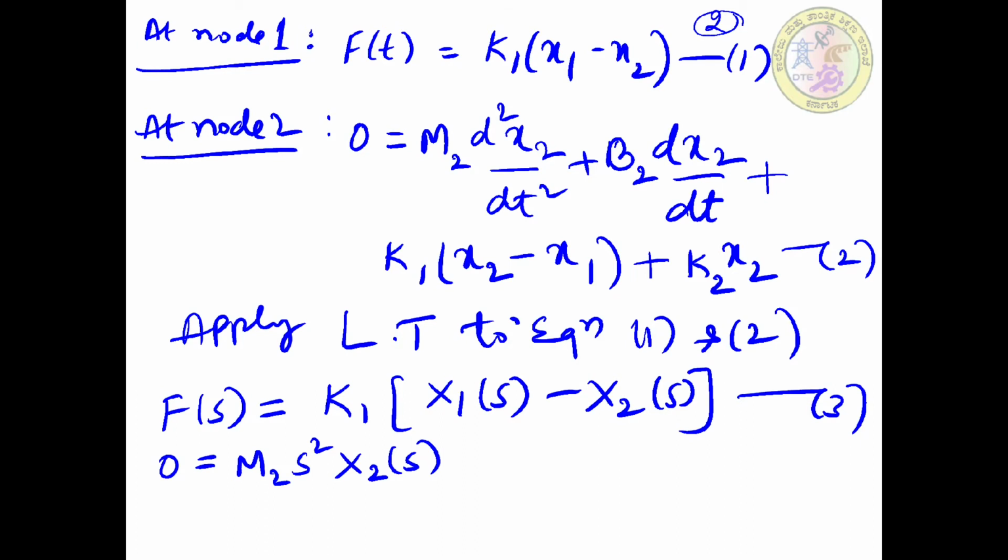Observe here, m2 as it is, d²/dt² is there, so that will be replaced by s². Now d²/dt² of x2 is x2(s), term to term.